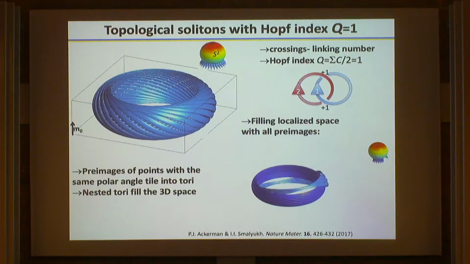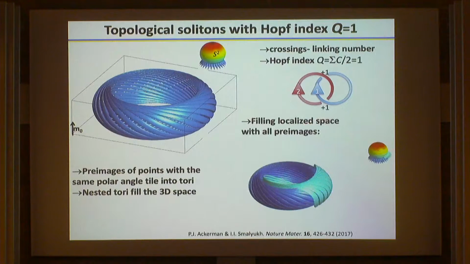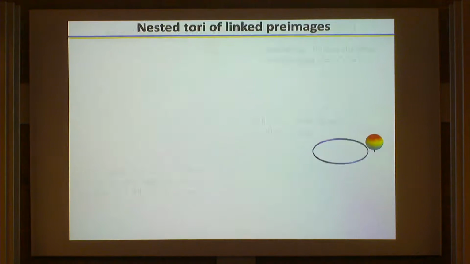What's important is that for every pair of all of these pre-images, we'll have always the same linking number. So in this case, it will be 1.